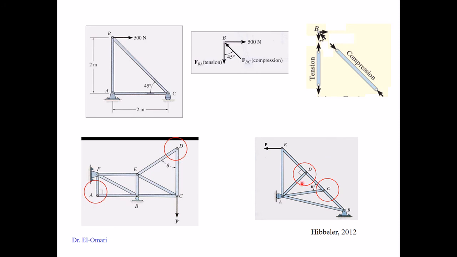To avoid that, use smaller members, disconnect them, and then connect them with these zero members. Notice here that this one is not a zero member, because if you compare this with that, you have here an external force P, which makes it not a zero member. Both of them are not zero members. So always, when you start, try to look for zero members. It will reduce the calculation steps.